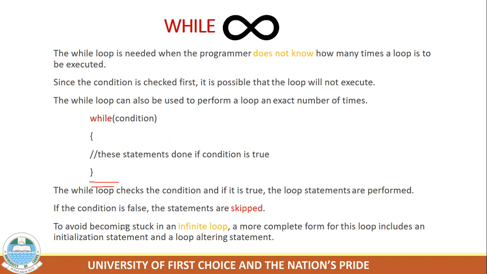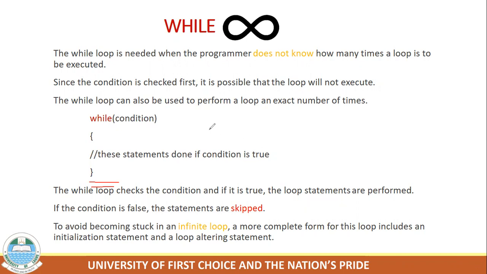To avoid becoming stuck in an infinite loop, a more complete form for this loop includes an initializing statement and a loop altering statement. So that you avoid an infinite loop, you need to have what we call the initialization statement in your loop.